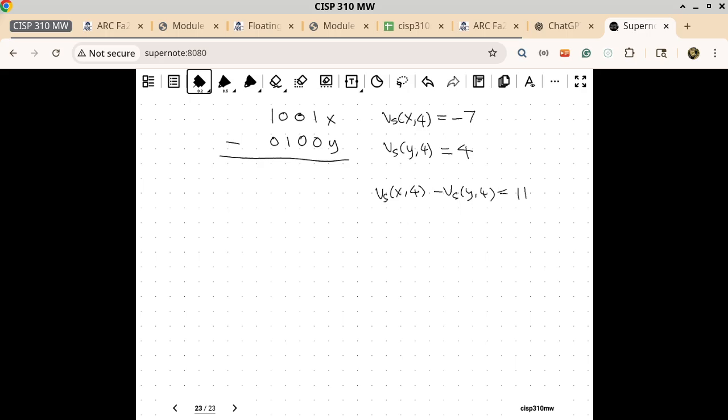But we also know that 11 is not in the range of a 4-bit signed number, because a 4-bit signed number can only go from -8 to positive 7. 11 is out of that range. So from that perspective, just from looking at the range of a 4-bit signed number, we know that we have an overflow already.